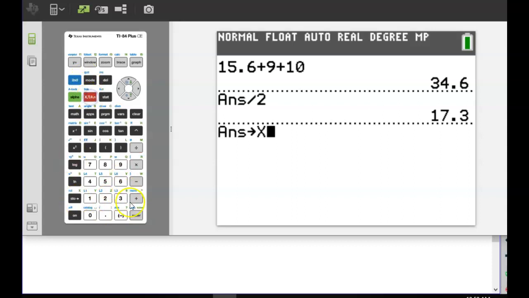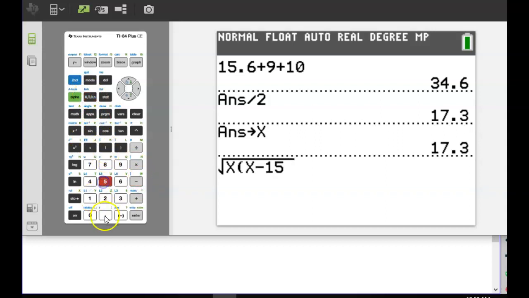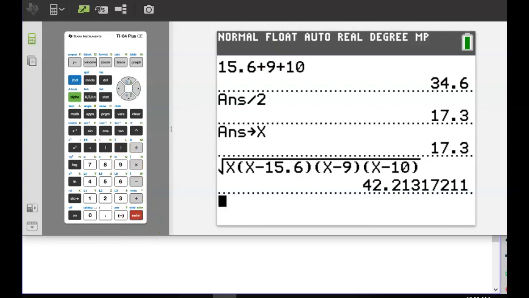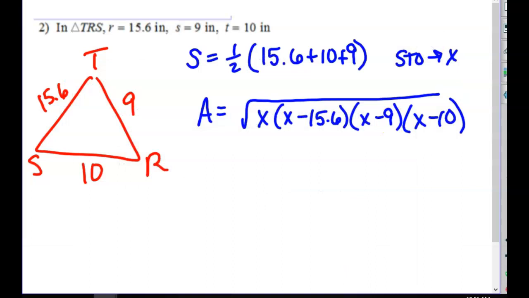I'm storing mine into X so that I can then take the square root of X times X minus 15.6, X minus 9 and X minus 10. You are certainly welcome to type it all out. I got 42.2. Anybody? Yes. And label?